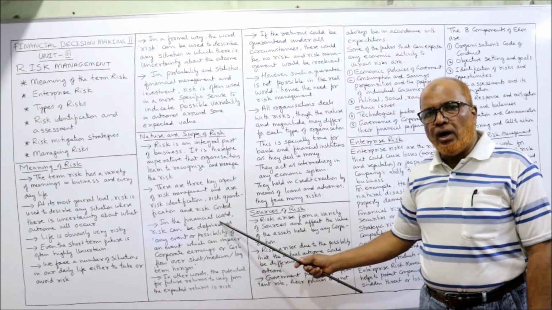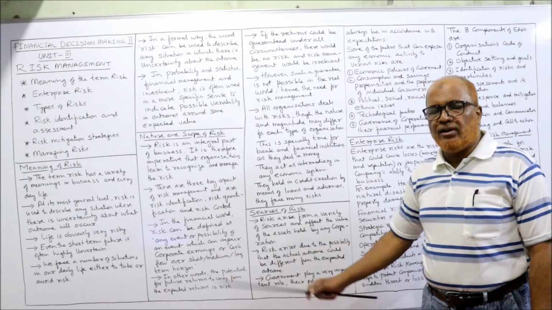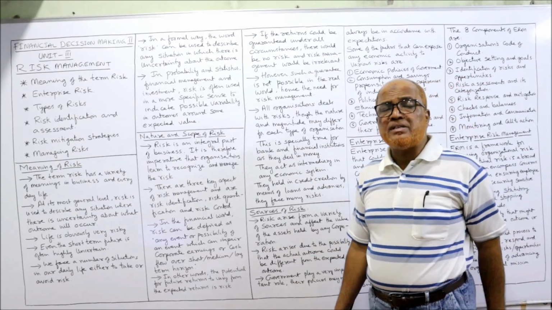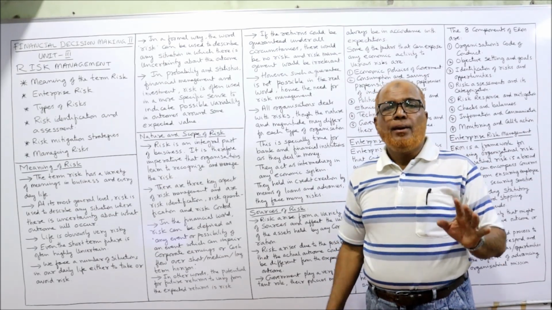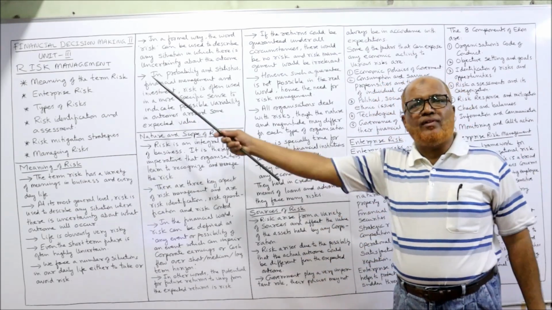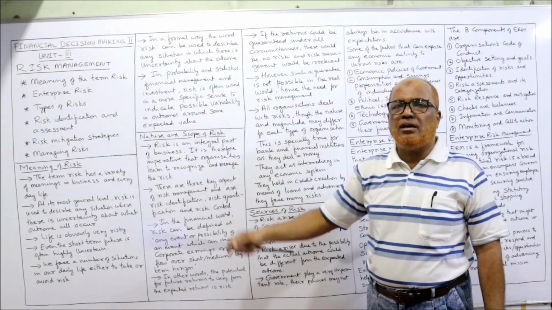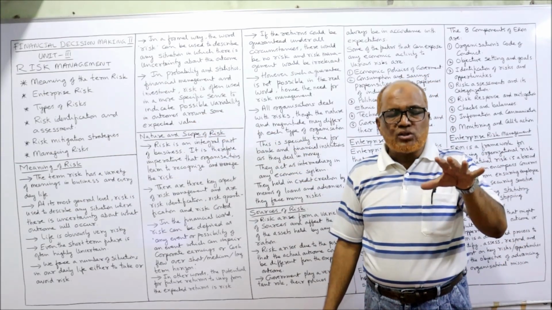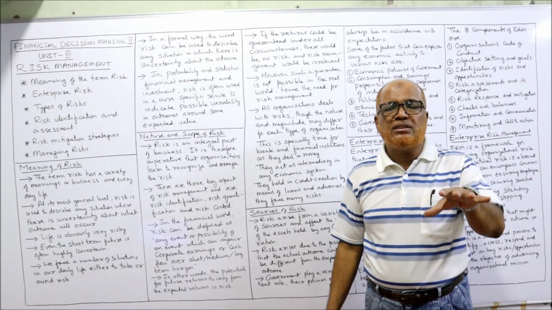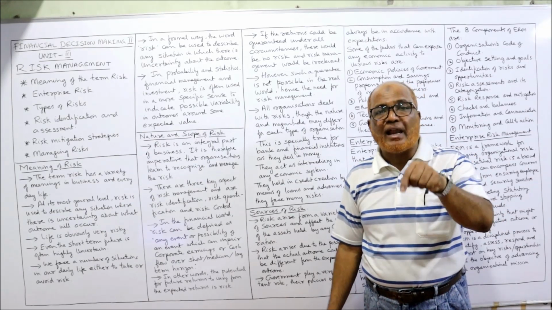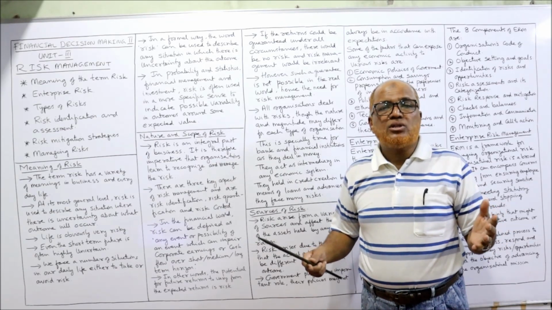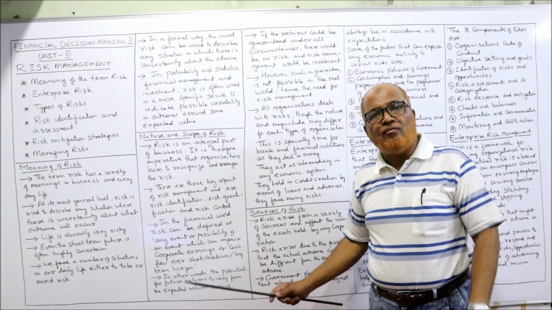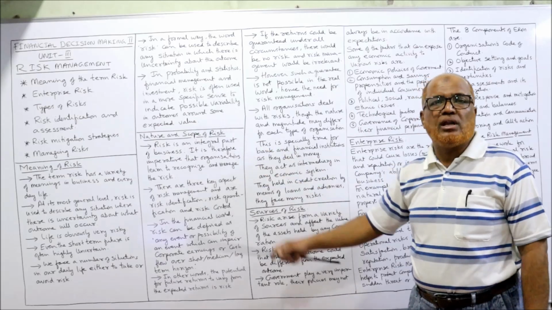In the financial world, risk can be defined as any event. Let me give the more specific meaning of the term risk in the financial world, because we are the students of finance, financial decision making. So when we are students of finance, we must think of risk from financial point of view, not from general point of view. So in examination, you should give more explanation about financial meaning, not the general meaning.